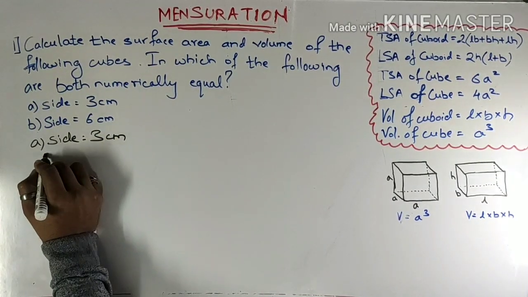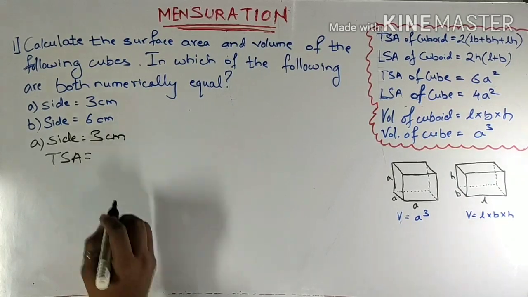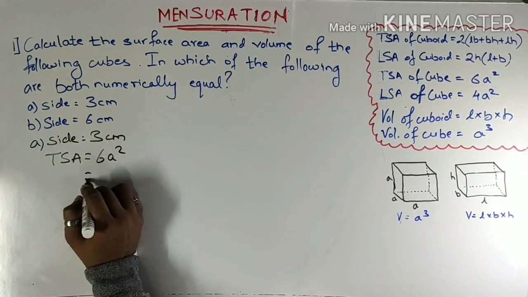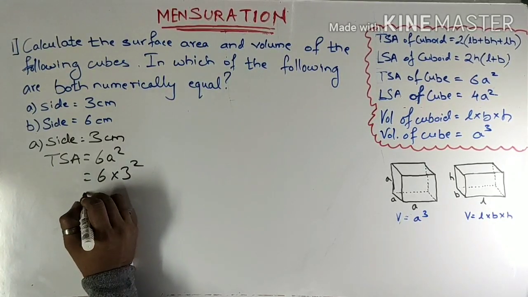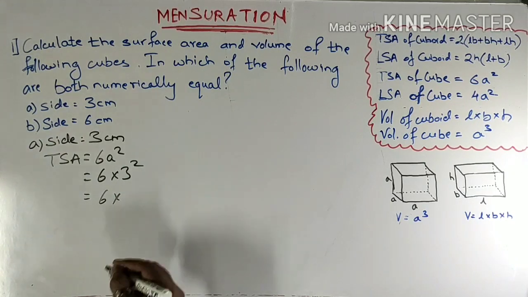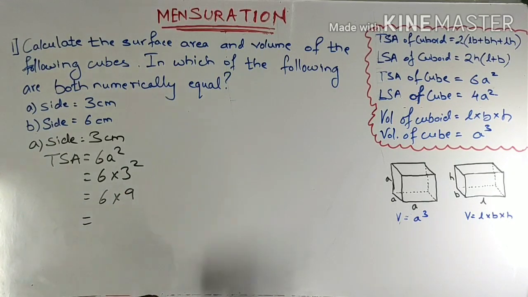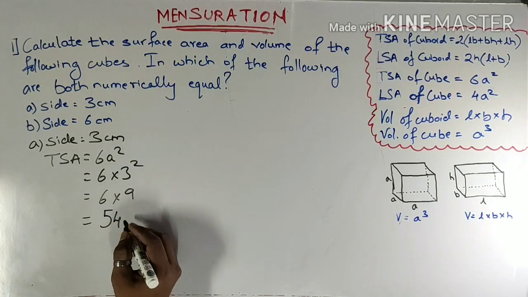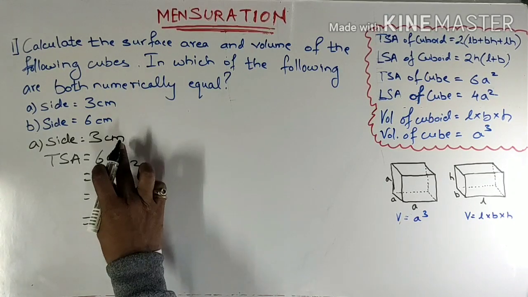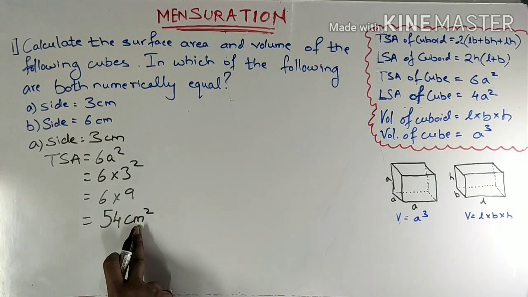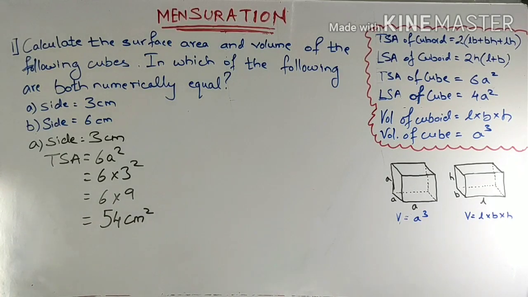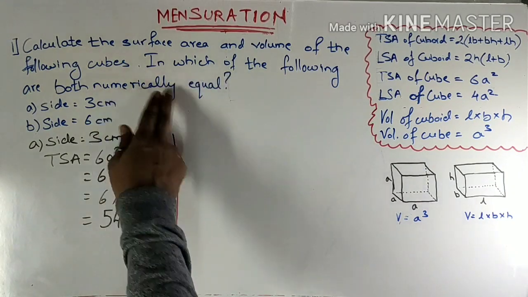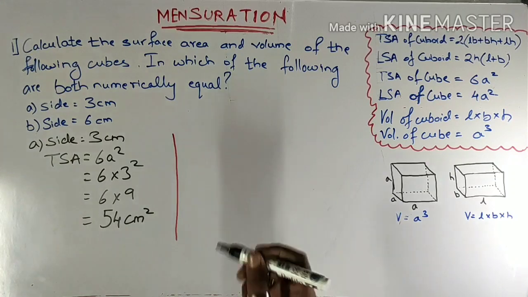You need to remember the formula for the total surface area, that is 6a square. Substituting the value of a, that is 6 into 3 square, 3 3s are 9, 6 9s are 54, and what will be the unit? Since it's centimeter, the total surface area's unit will be the square of the unit, so 54 centimeter square. Now let's check the volume of it, and conclude whether they are numerically equal or not.